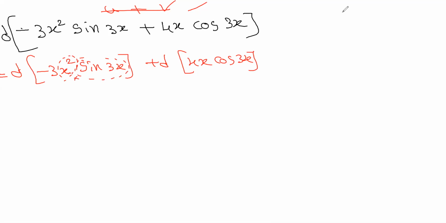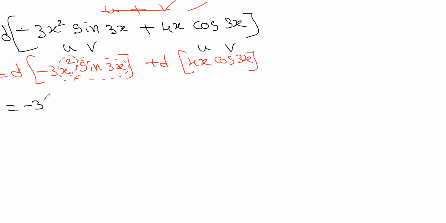So this becomes u into v, then we will apply the uv rule. Now the same thing, 4 outside, it is x into cos 3x, same uv rule. So first take this minus 3 outside.